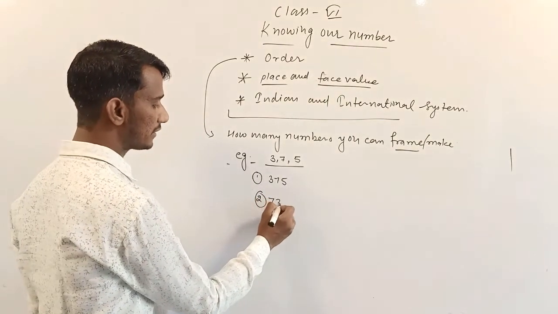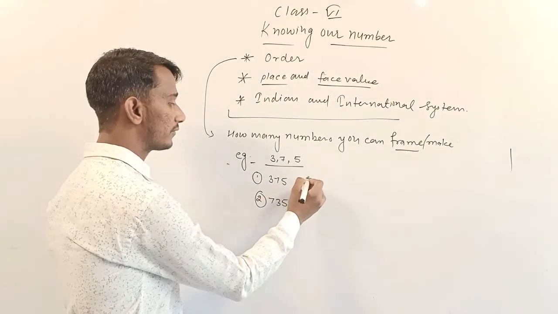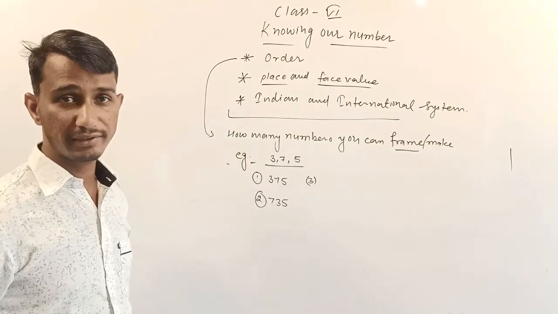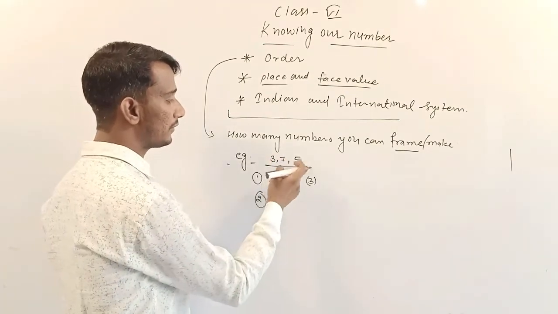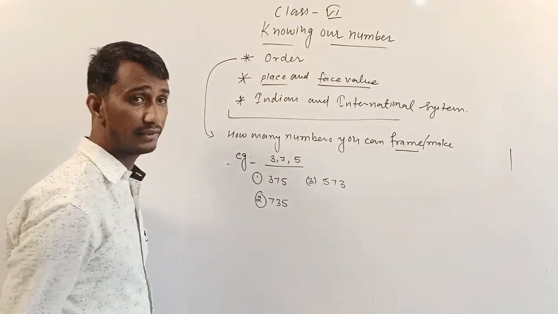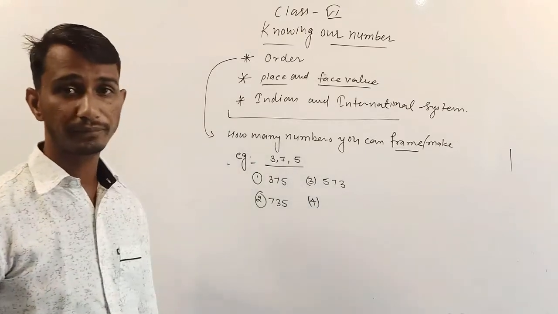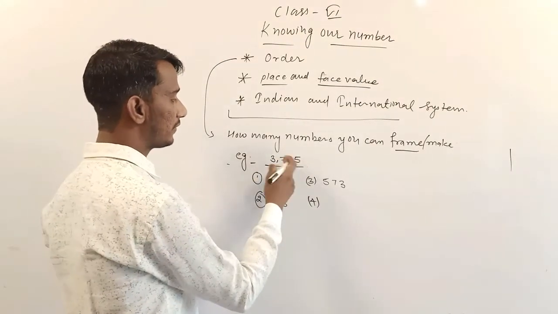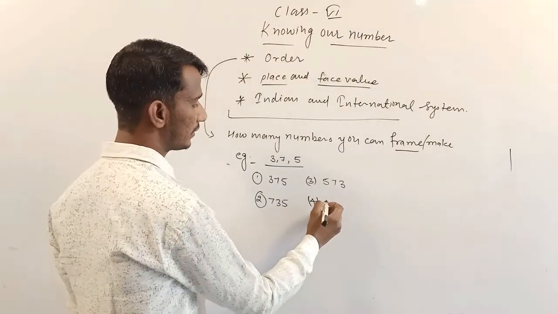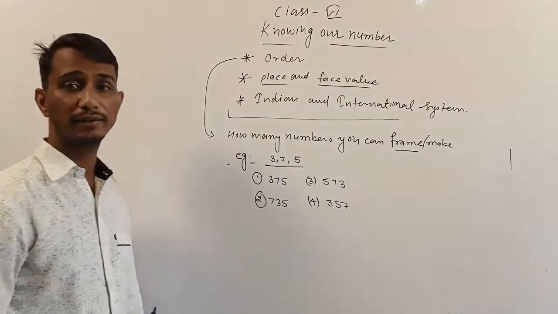So the next number is 735. Again, we have changed the places, 3 on 5, 5 on 3, 573. Next, again change 5 on 7, 7 on 5, so we get 753 and 537.